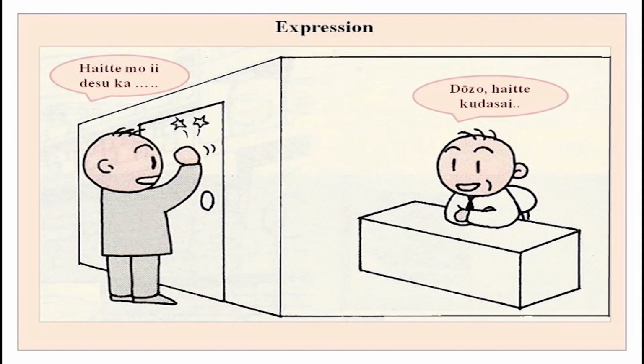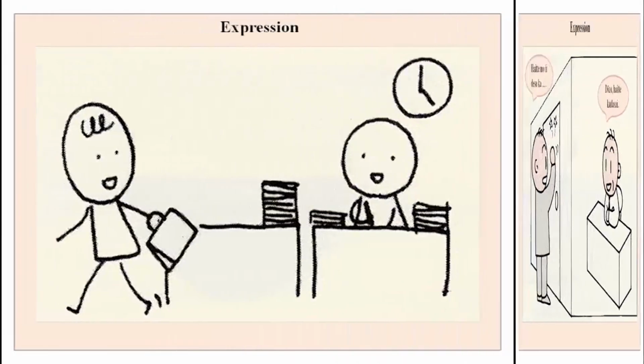You could say simply gomen kudasai, knock knock, gomen kudasai, and now as you have learnt this, well, haitte mo ii desu ka? Is it all right if I enter? And after the permission is granted, you may enter. Dozo haitte kudasai. You have the permission to enter now.